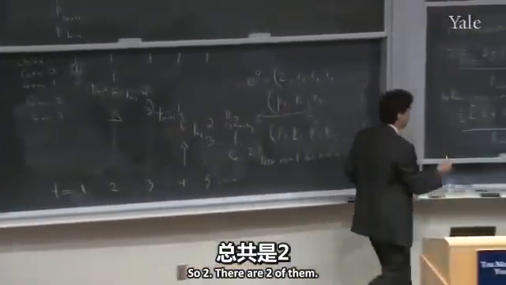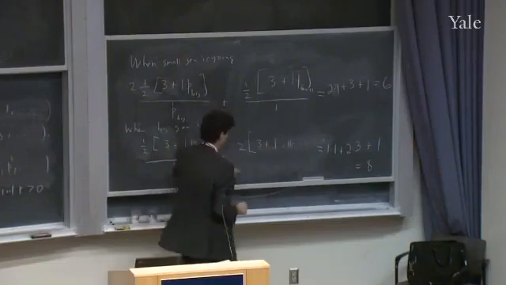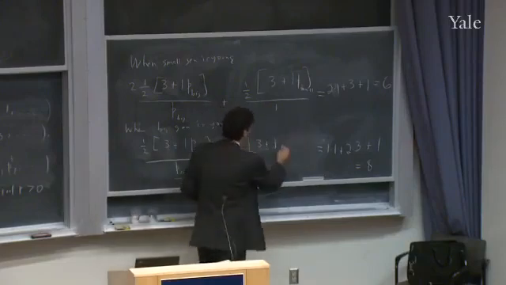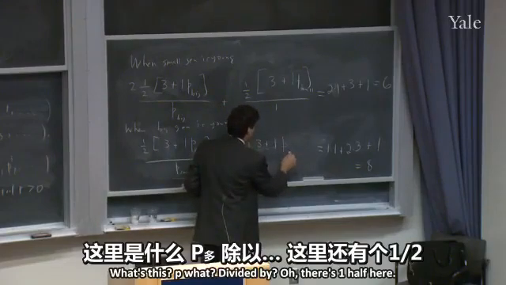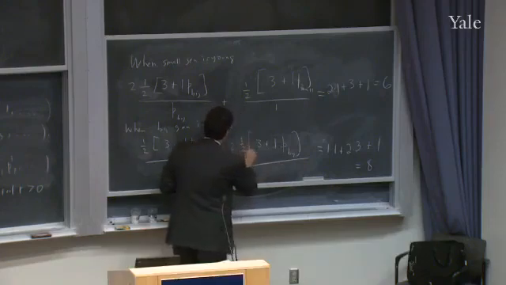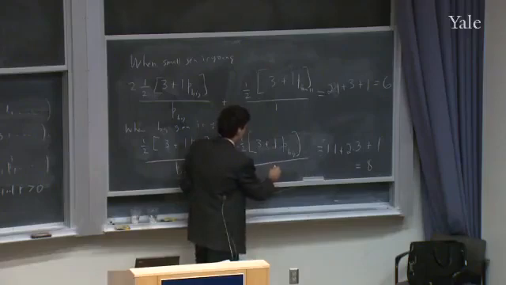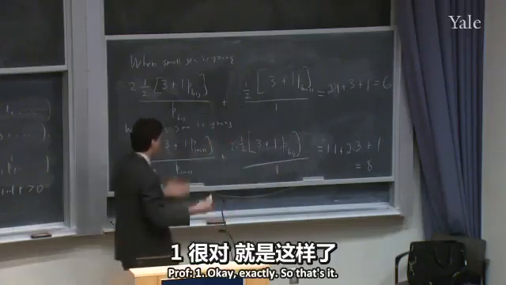So 2, there are 2 of them. What's this? P what? P big, divided by, oh, there's a half here. Yeah, over what? 1. Okay, exactly. So that's it.